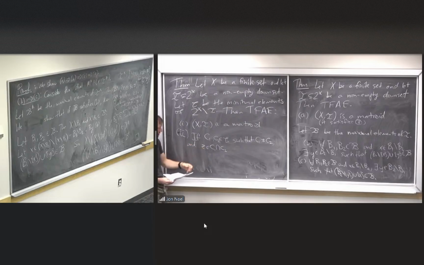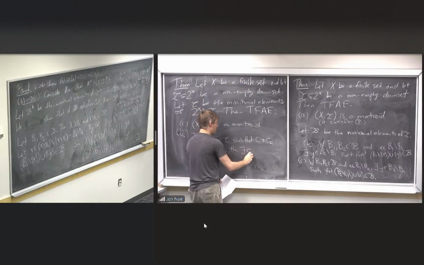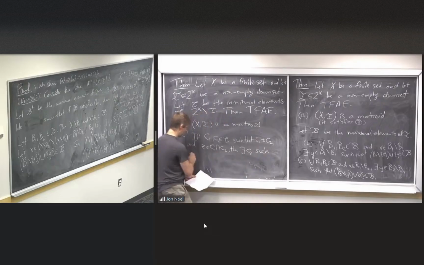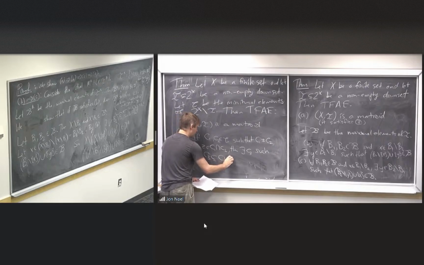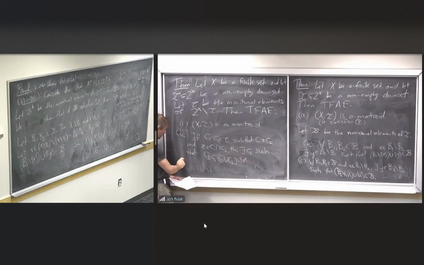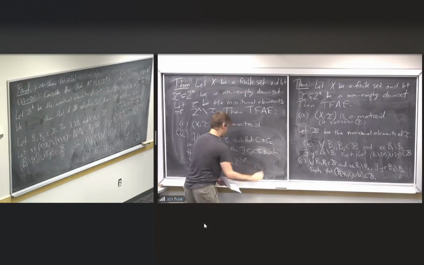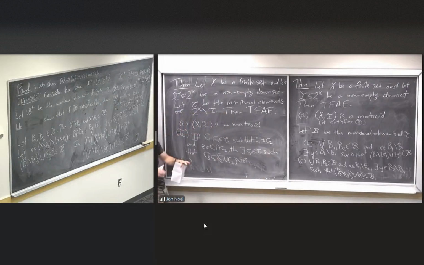If you take anything in the intersection, then there exists a C3 such that C3 is a subset of C1 union C2, take away Z, and this C3 is also in C. So if I take two circuits and delete something from their common intersection, I can find a circuit inside of that.